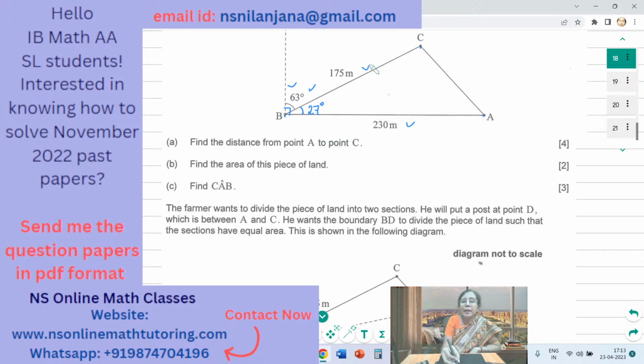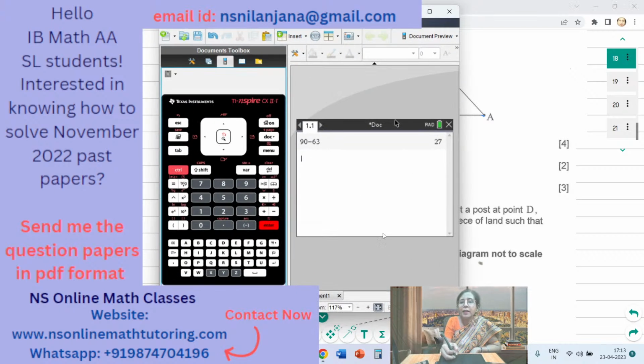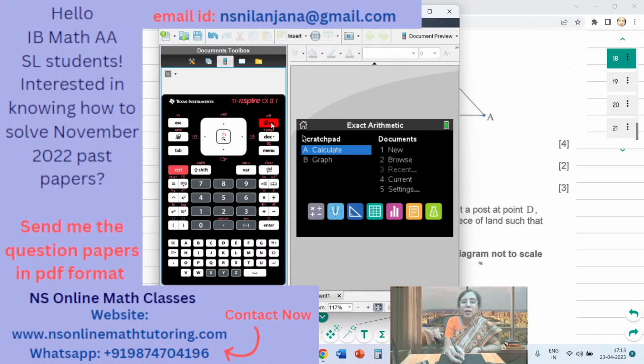Now we have the lengths of two sides and the included angle, so we can use the cosine rule to get the length of AC, the distance from point A to point C. For that, let me first change my angle settings from radians to degrees.